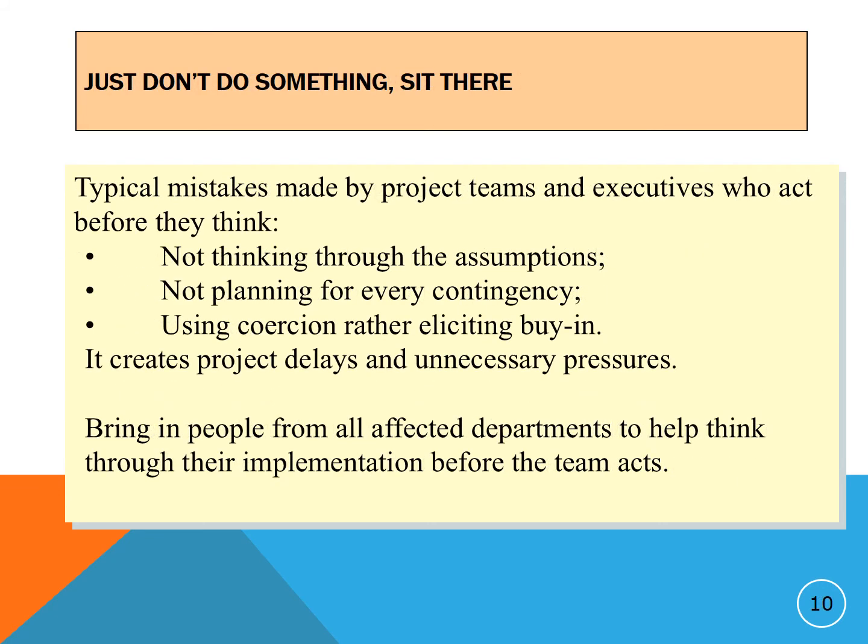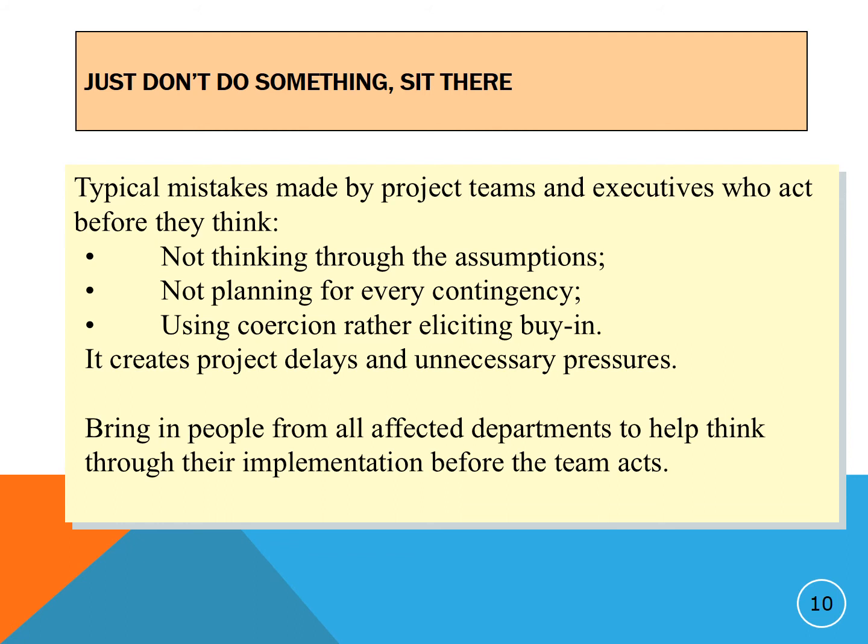The next principle is: don't just do something, sit there. It means that the project team ran straight into a brick wall. They do the action, they do the changes without thinking first, and that cost several people their jobs. These are the typical mistakes made by project teams and executives who act before they think. Among the mistakes, they're not thinking through the assumptions and the biases.